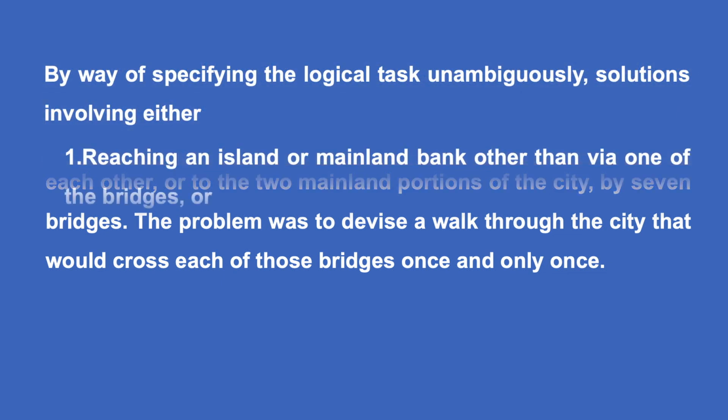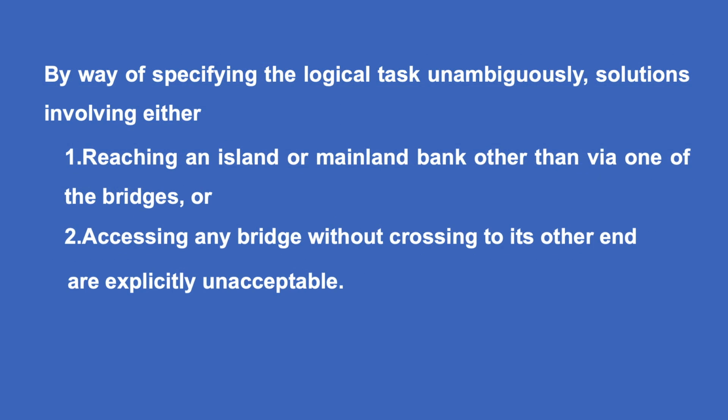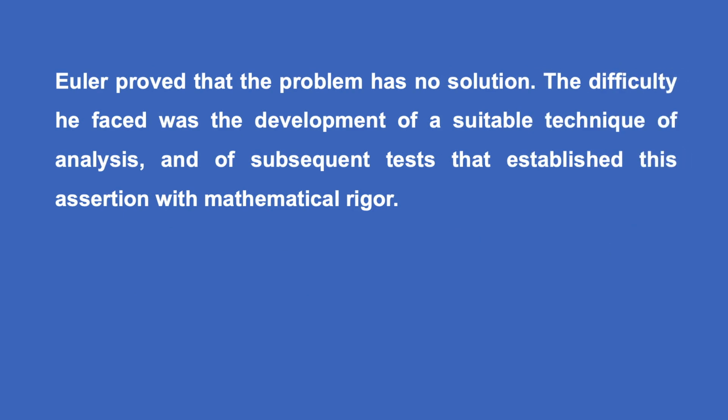By way of specifying the logical task unambiguously, solutions involving either number 1, reaching an island or mainland bank other than via one of the bridges, or number 2, accessing any bridge without crossing to its other end, are explicitly unacceptable. Euler proved that the problem has no solution.